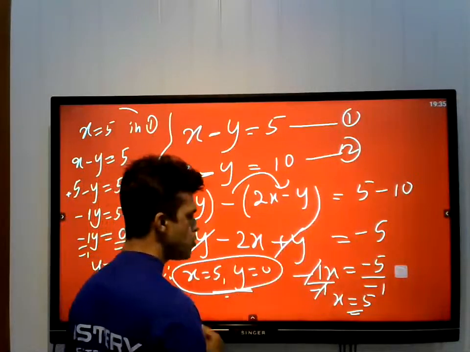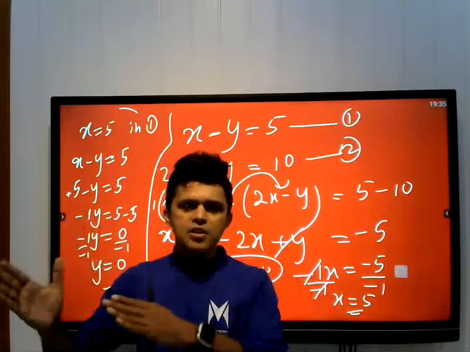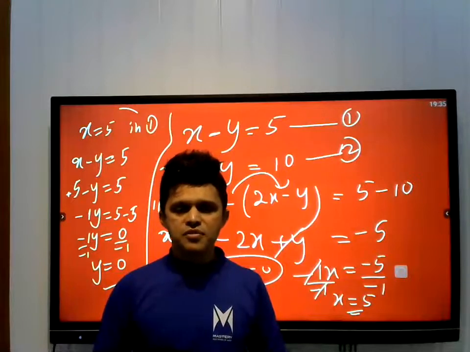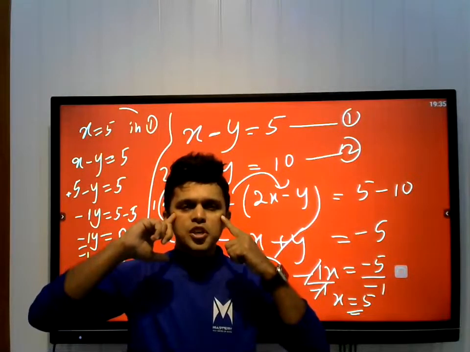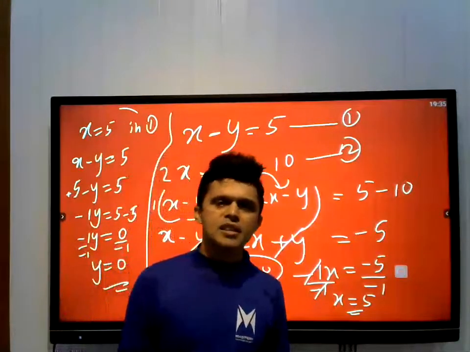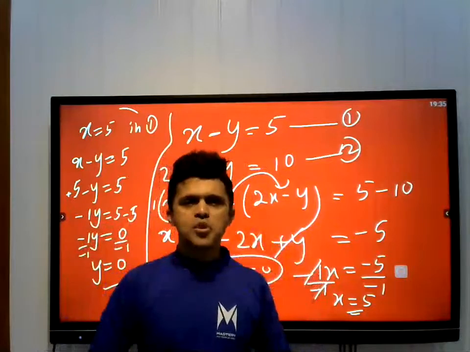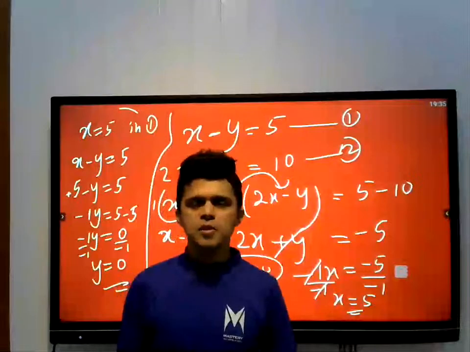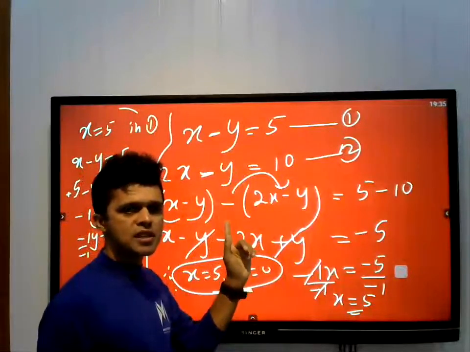So what should you know to find the values of the unknown terms of simultaneous equations? You have to add or you have to subtract the simultaneous equations. It depends on the equations. If negative and negative, you need to subtract the equations.